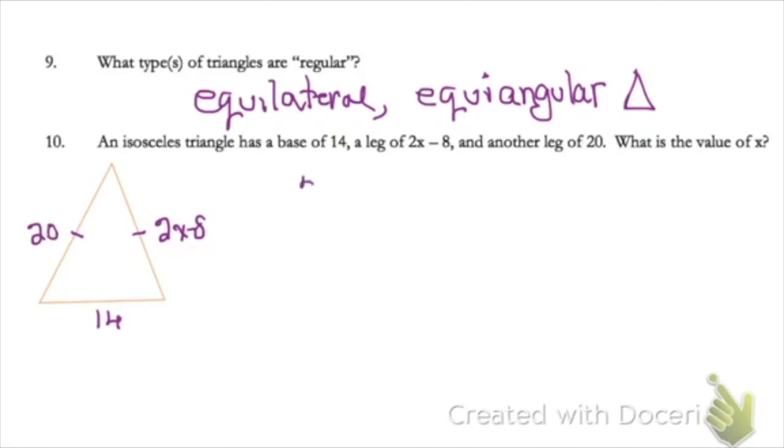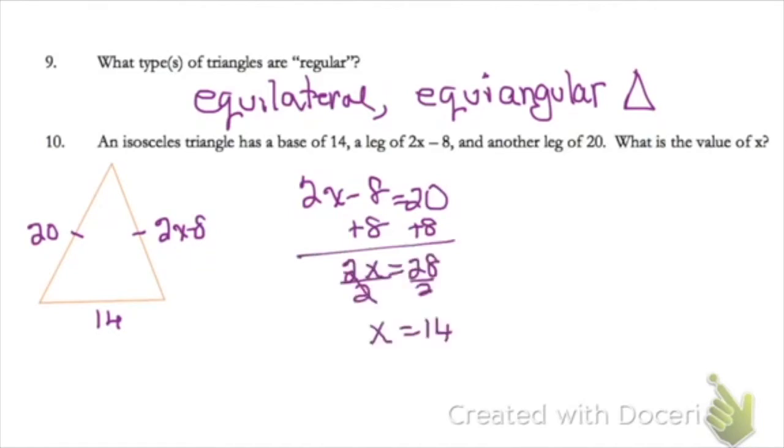So I know that 2x minus 8 must equal 20. Then I'm going to solve using algebra, and I'm going to get that x equals 14.